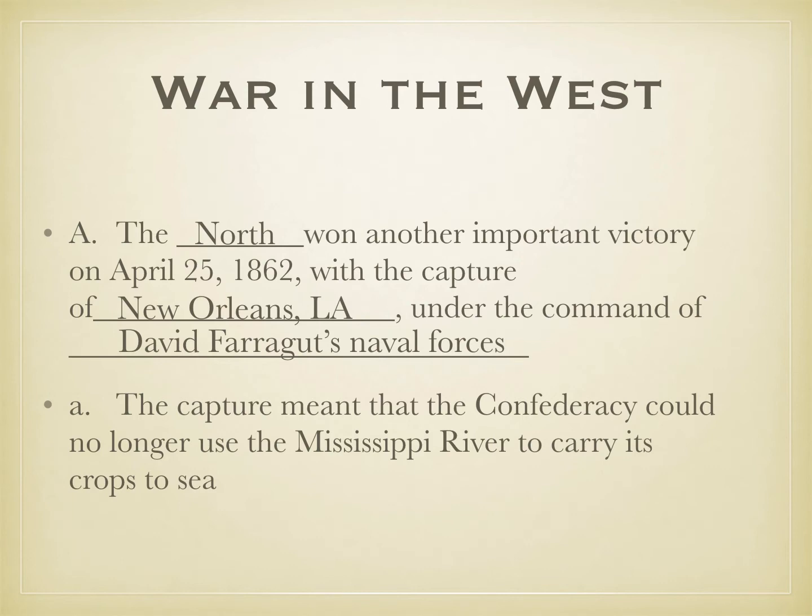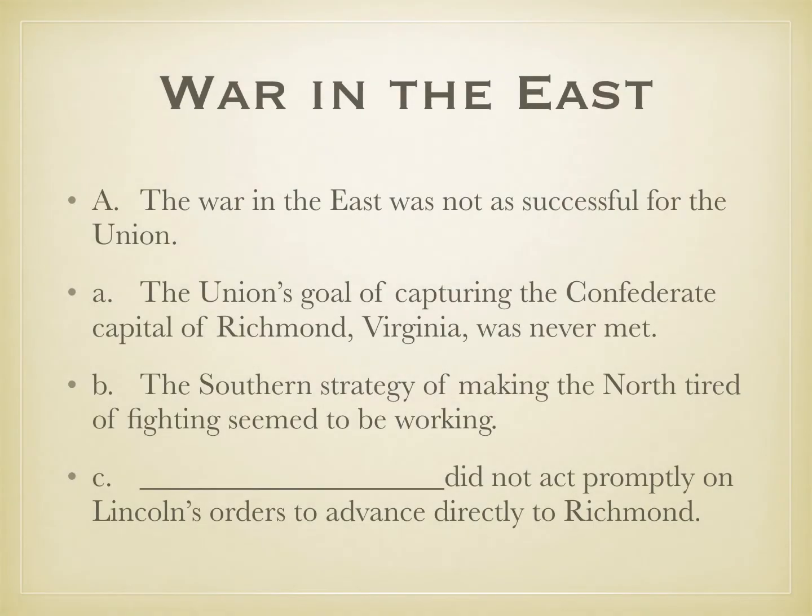So in the first couple years of the war, you see that Grant has a really strong hold of the situation in the West. This is not the case in the East. I don't know if you remember me saying it, but the generals in the East, the Army of the Potomac, it's a revolving door of people because Lincoln cannot seem to get a consistent leader who wins, basically.